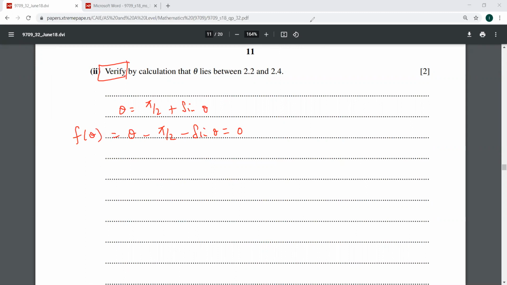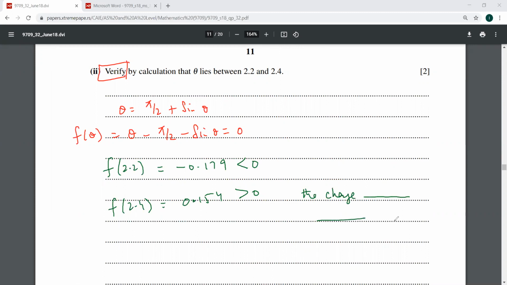Then you find f of 2.2, keeping your calculators in radians mode, and then f of 2.4. You must have a difference of signs in these two values. So we have a negative one and a positive one. You must say that the change of sign suggests that theta lies between 2.2 and 2.4. Please, you should write these statements.